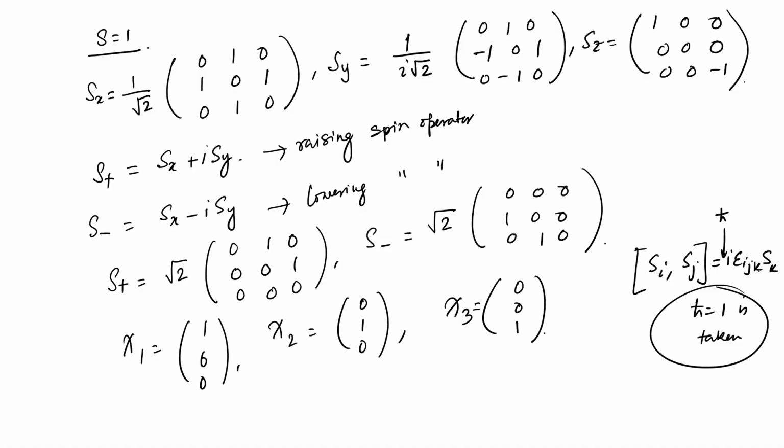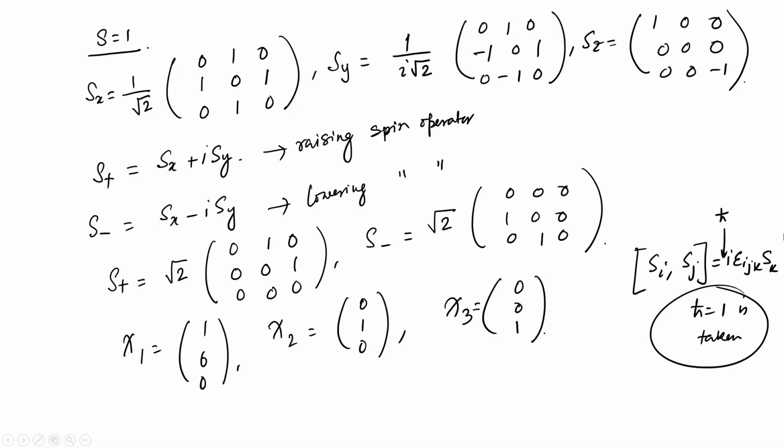That is because of the epsilon i j k, which is called a Levi-Civita symbol. When these i j k are taken in a cyclic order, they give you 1. If two of the indices are the same, then it is equal to 0, and if you interchange two indices, that is i going to k, k going to j, and j going to i, and so on, then you again bring back a sign.